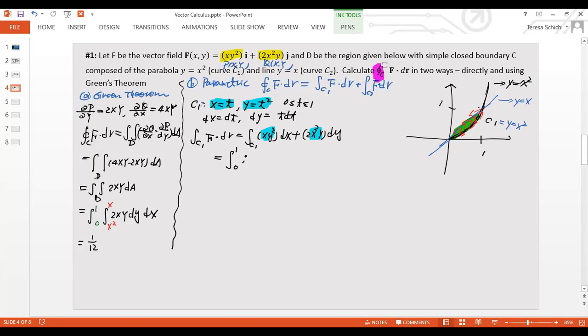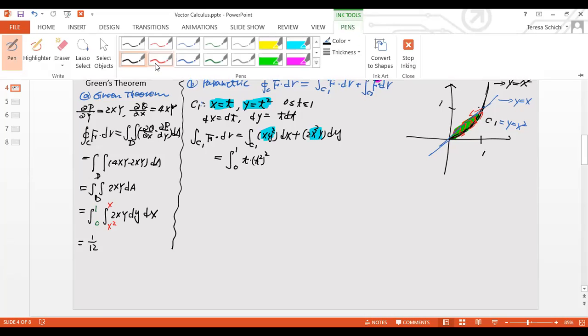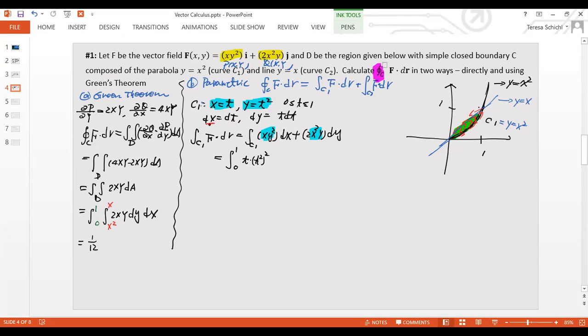So you will have x is t times t squared, right? Then what is dx here? dx is dt, so it's 1.